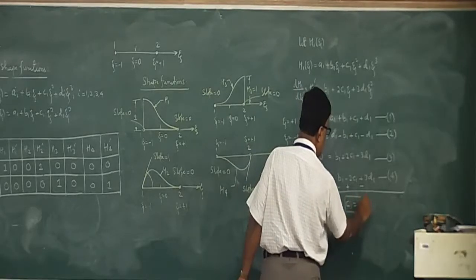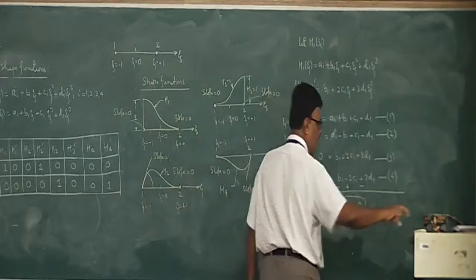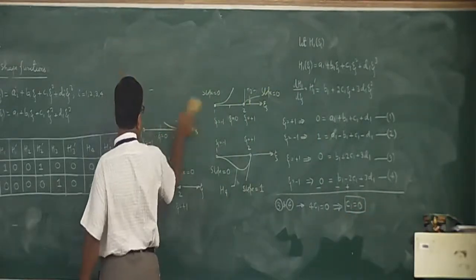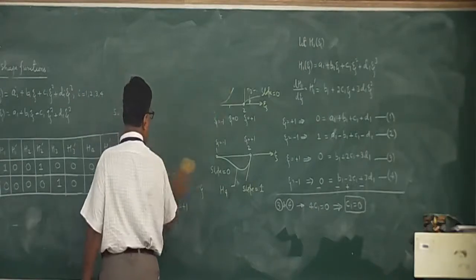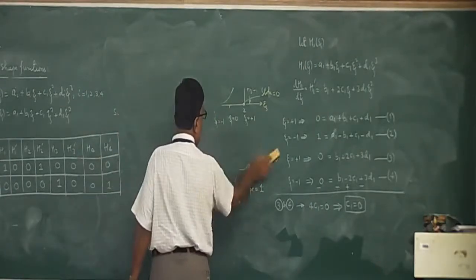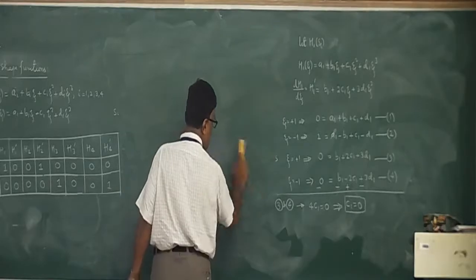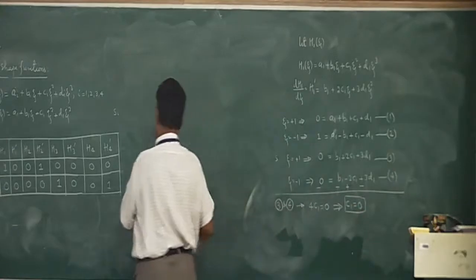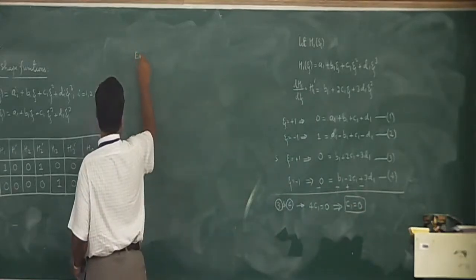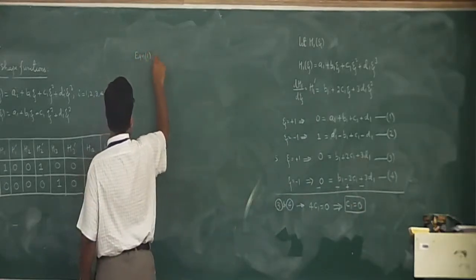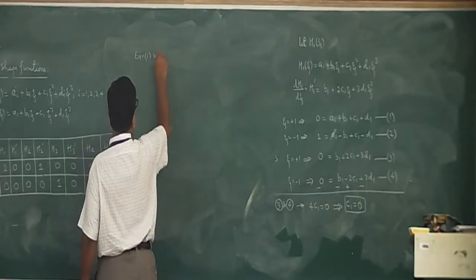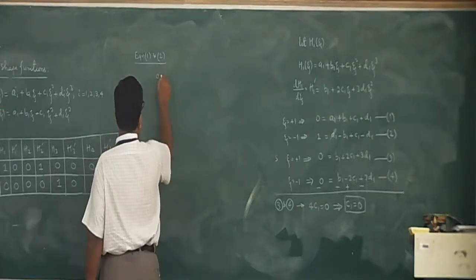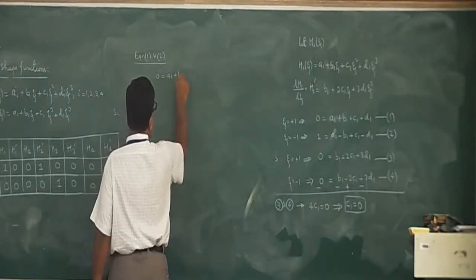That means one of the constants got eliminated from our equation now. Now let us come to the next combination of equations to find out the other remaining 3, A1, B1 and D1. So if I take equations 1 and 2, what will happen, tell me? Look at that. 0 equal to A1 plus B1.